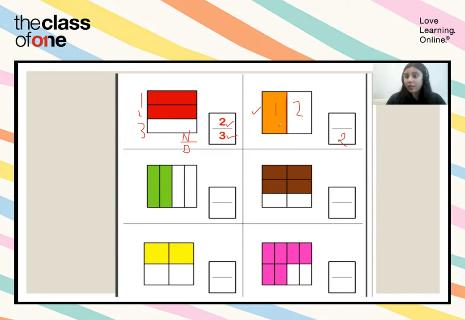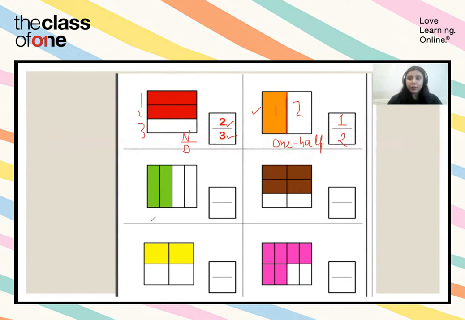And how many parts out of 2 are shaded in brown or orange color? Yes, it is just 1. So the top number becomes 1. So the fraction becomes 1 over 2, or we can also call it 1 half.